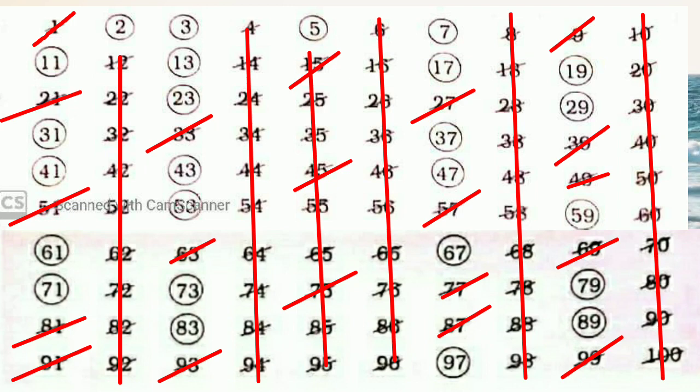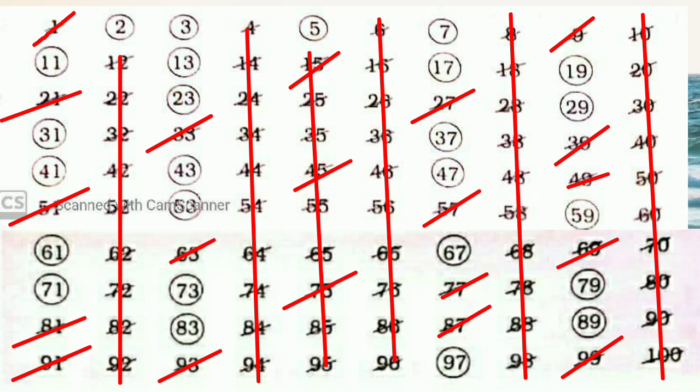I can stop here, and I can say that all the remaining numbers in the list are prime. Later, Eratosthenes actually found out that you can stop this process when the square of the number is greater than the largest number here.